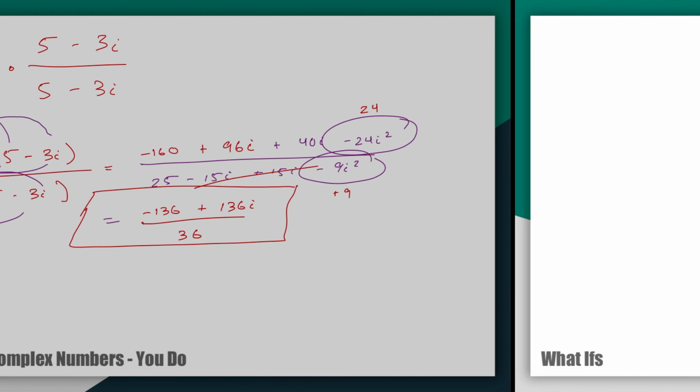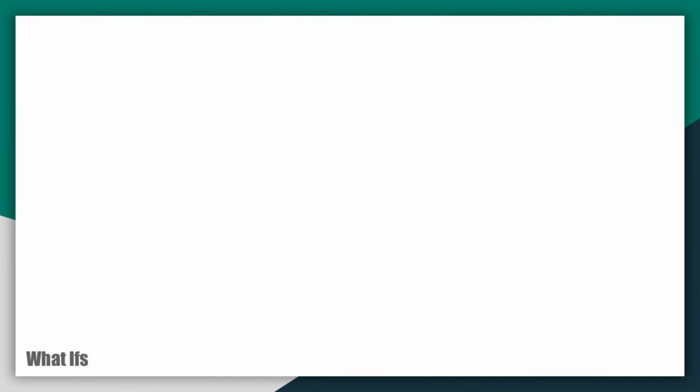Now I have a couple what-if sections. In our multiplying, we did a single distribution and a double distribution, but we kept everything at the i squared level. It's not unheard of to see maybe something like i to the power of 3 times 2 plus i, treated as a variable.